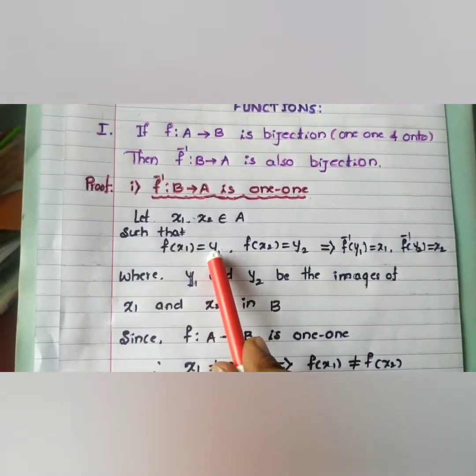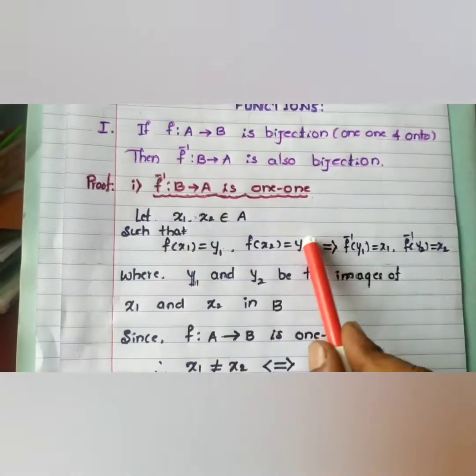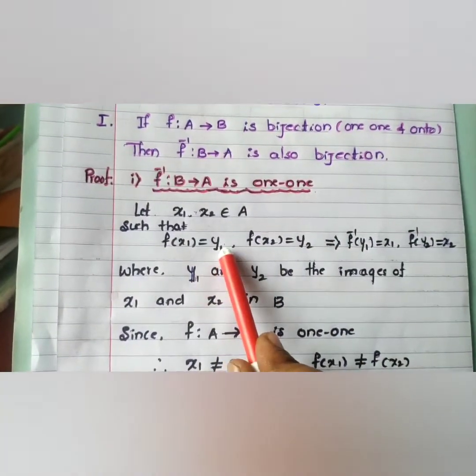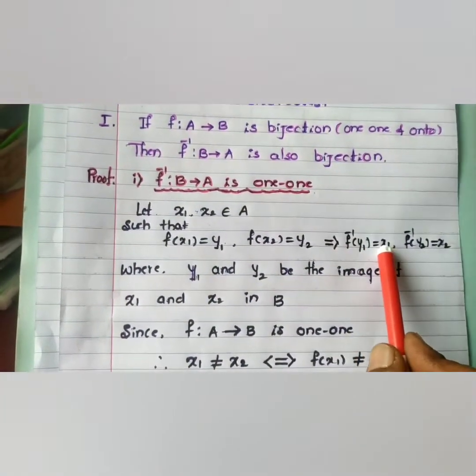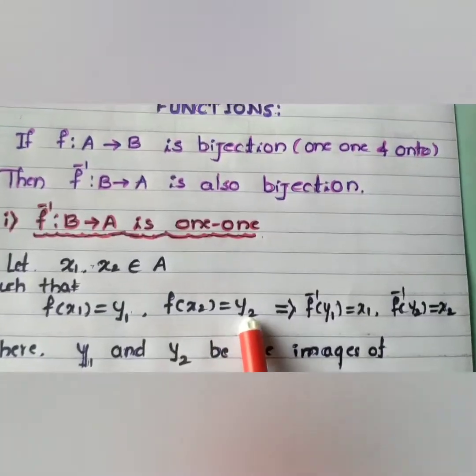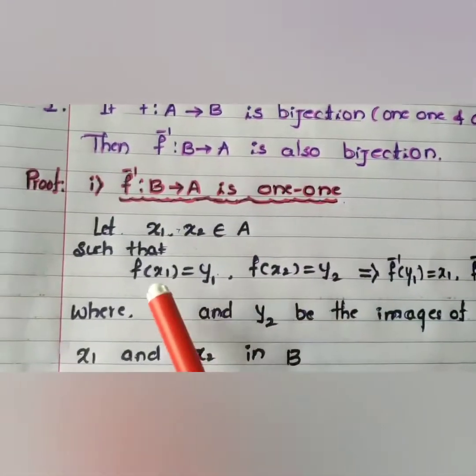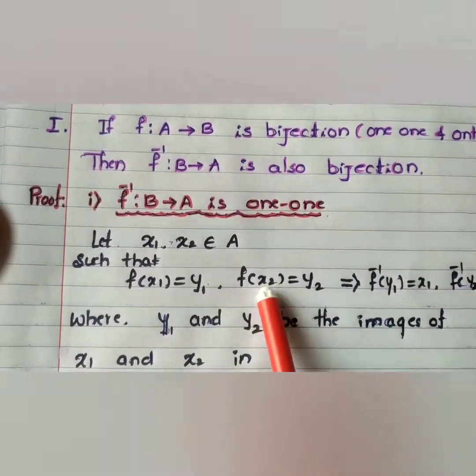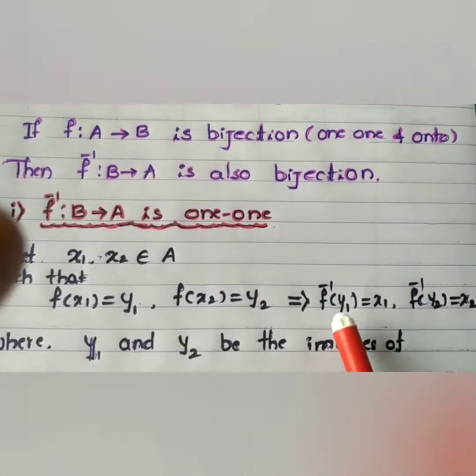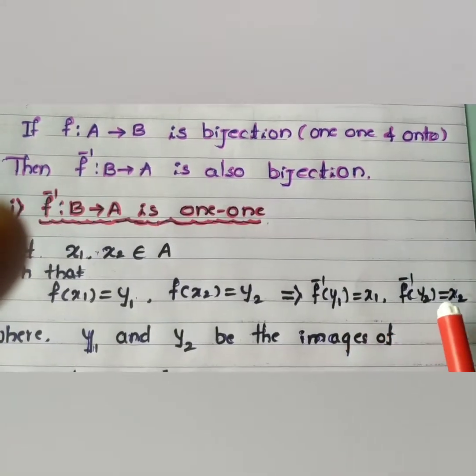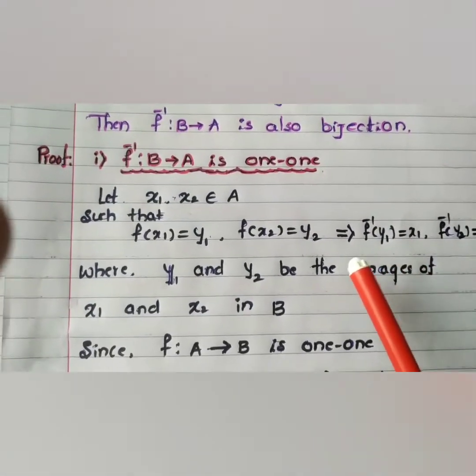As f of x1 equals y1, it means f inverse of y1 is equal to x1. From f of x2 equal to y2, we can say that f inverse of y2 is equal to x2.